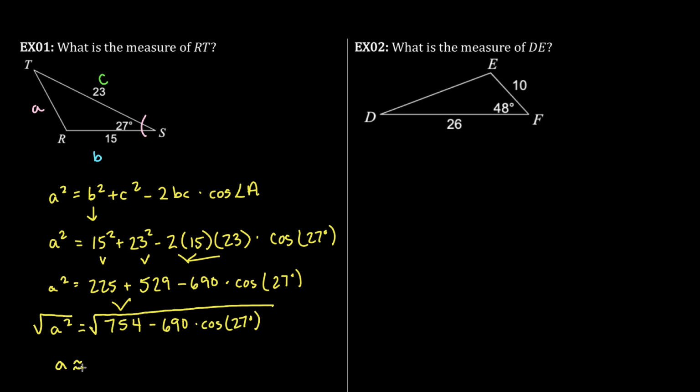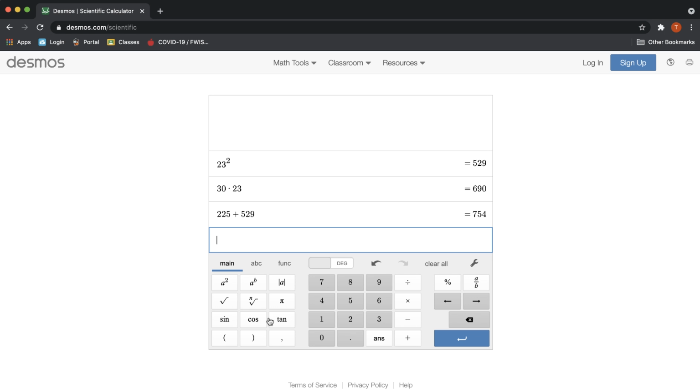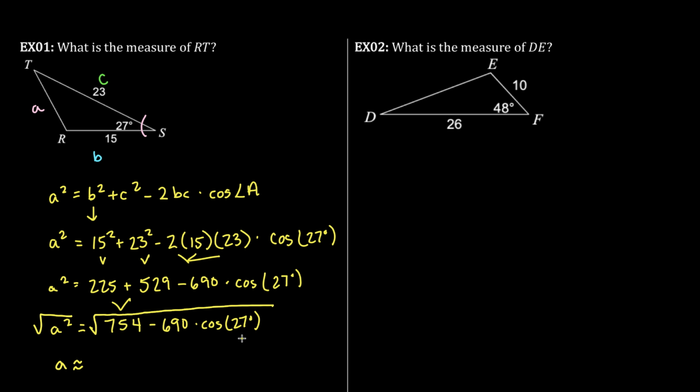So A is approximately the square root of 754 minus 690 times cosine of 27 degrees. And you get approximately 11.7. Well, that would round up, so 11.8.